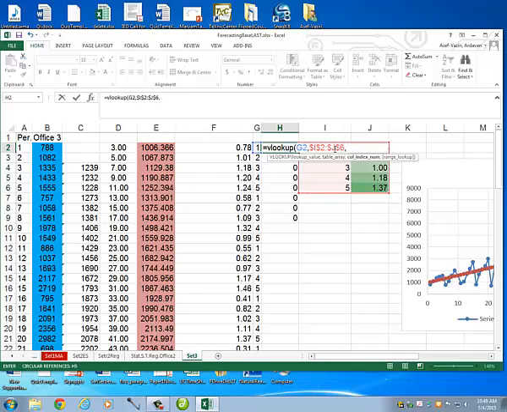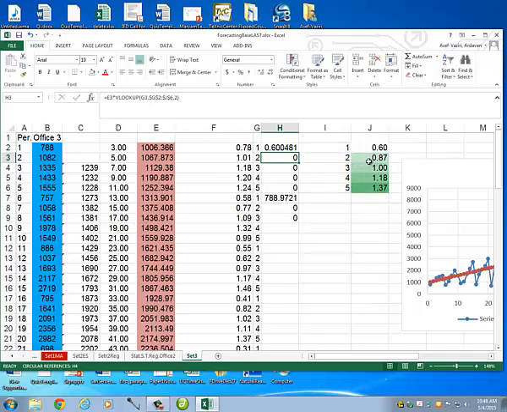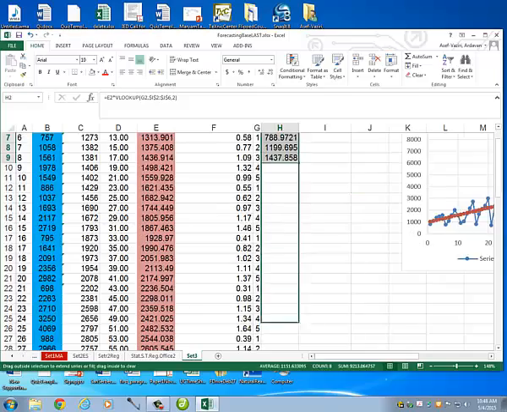If it is 2, put the index of 2. And those indices are in column 2. Enter, copy down. But this should be multiplied by this one. Multiply, enter. Now I have all those numbers, and I can copy it down.